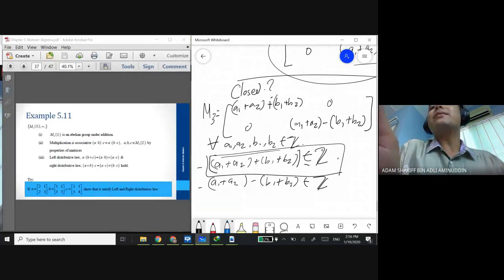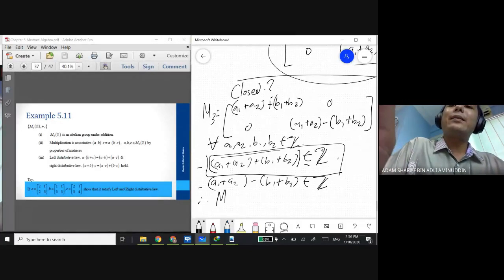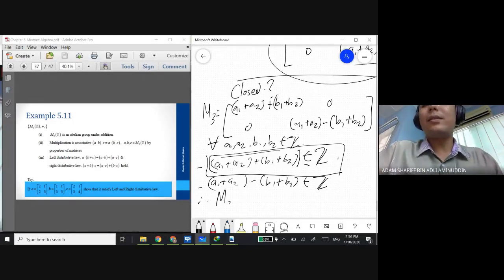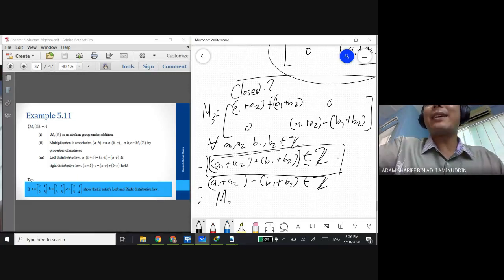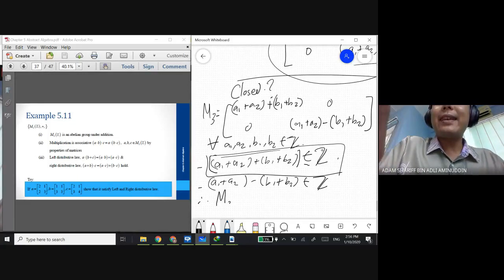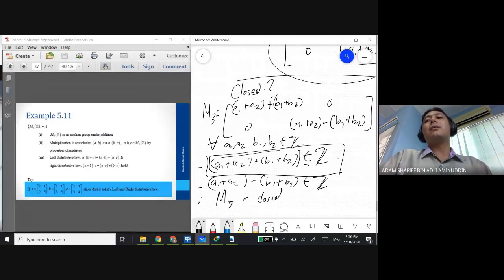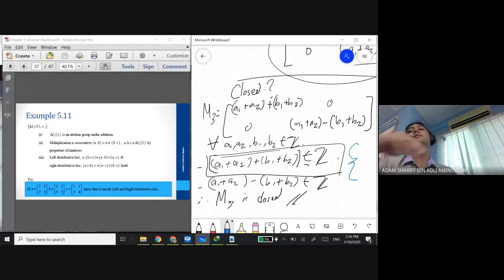A1 plus A2 minus B1 plus B2 also an integer. Therefore, this matrix, technically, I can say that M3 is closed. You get 1 mark based on this point.